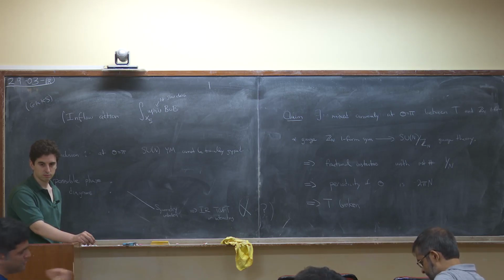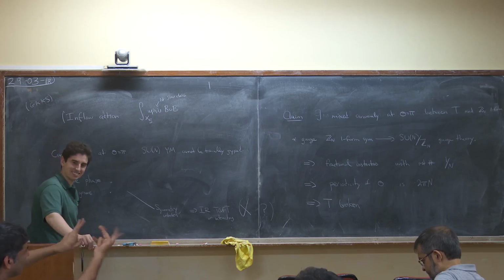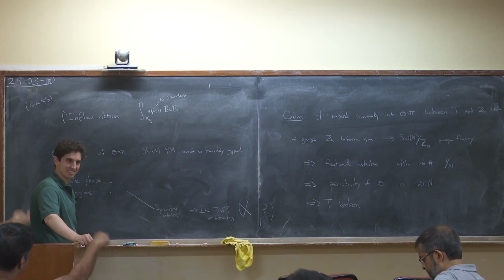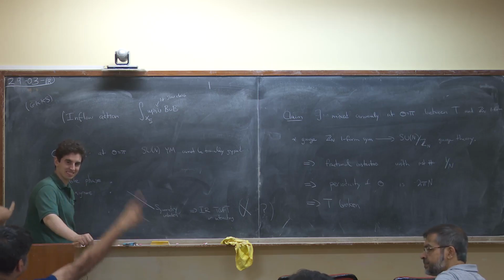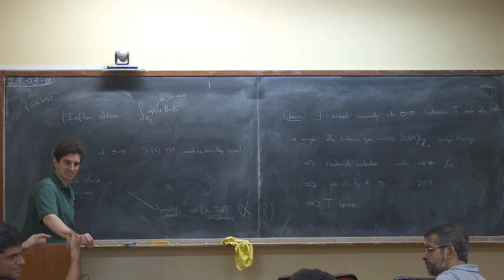The point is that the way these two could coexist is that there were bunches of potentials like this, and as theta changes you make the transition from this one to this one. So you get a first order phase transition.